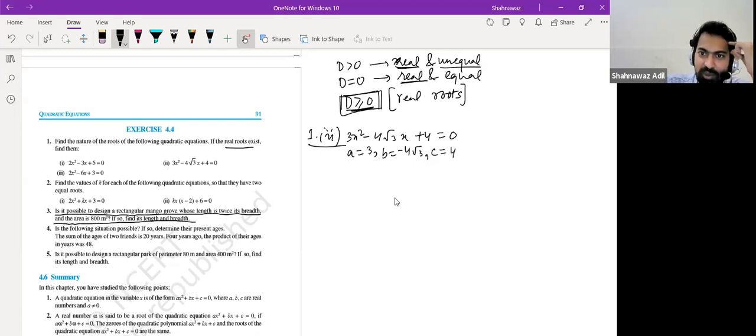And c is 4. So what would be D? D is b square minus 4ac, which is equal to minus 4 root 3 bracket power 2, minus 4 into 3 into 4. So this is how much?